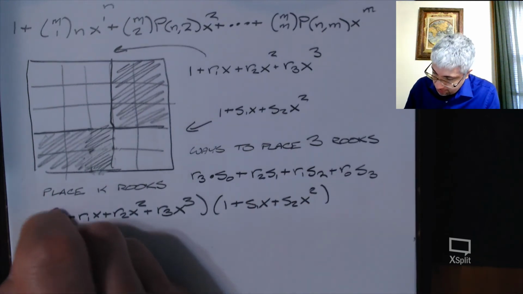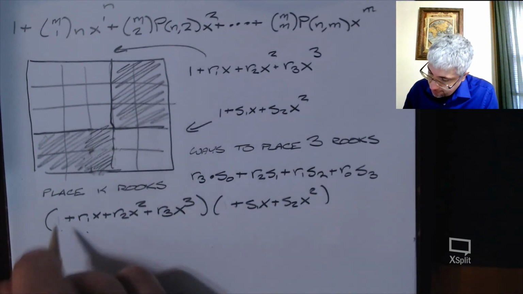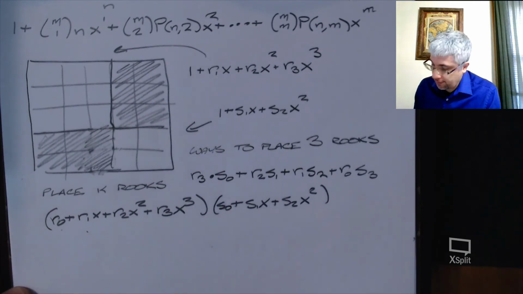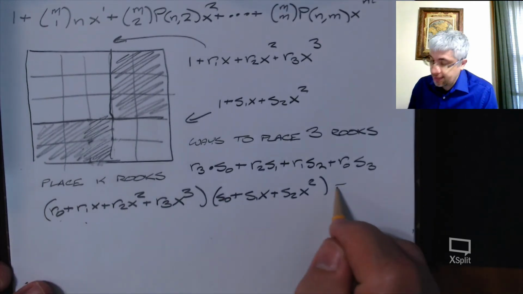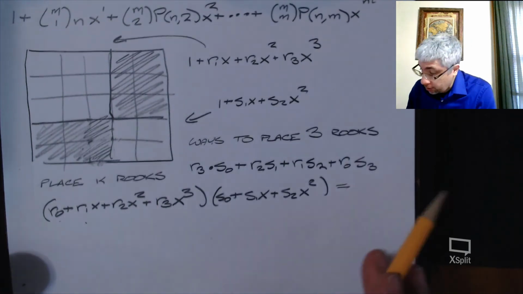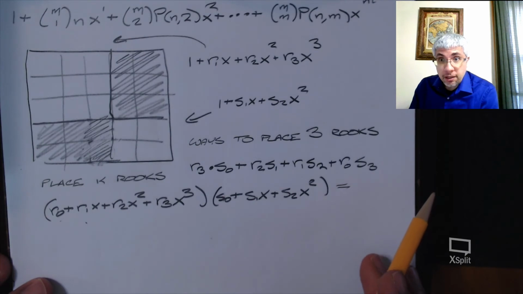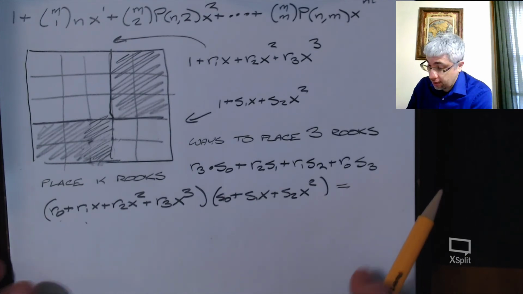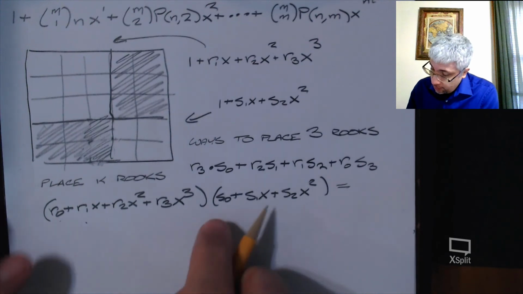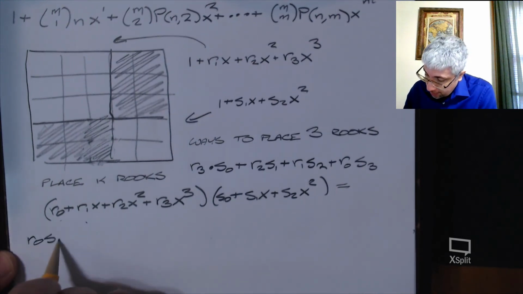And I probably should write this as R0 and S0. Okay, so let's say I take this product and I want to find out what I get. Well, it's going to be a polynomial and it's going to be degree 5 because of the highest thing I could get here. And I'm going to start off by getting, well, R0, S0.